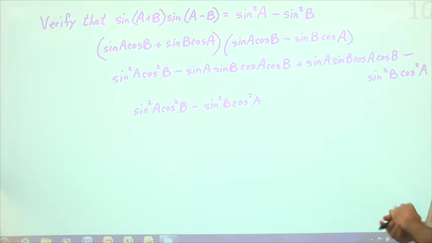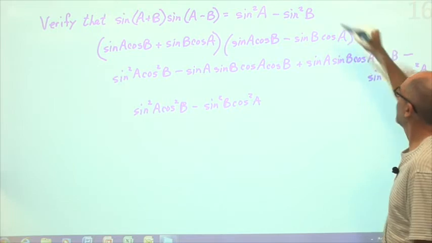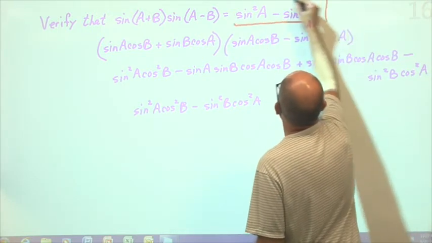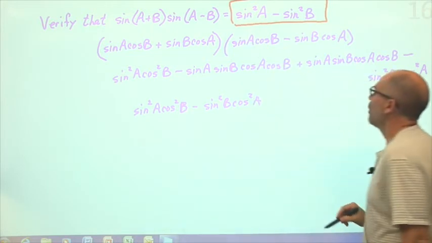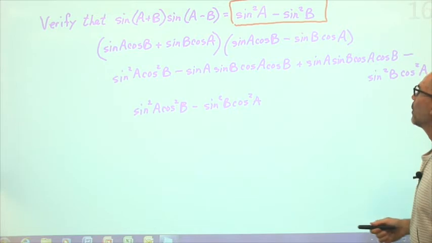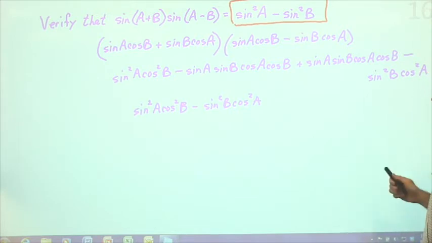Now, notice what we're trying to get to is right here. So we need to get all sines here. So what we're going to do is change all the cosines into sines.